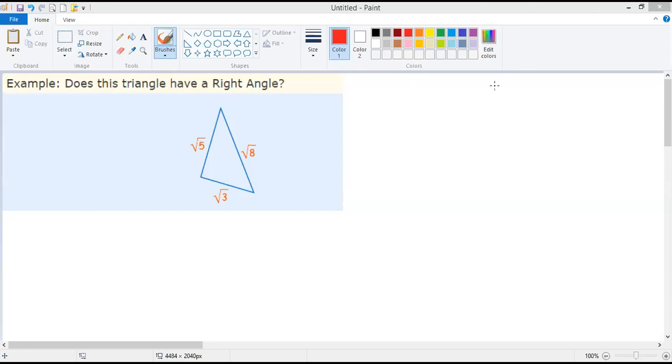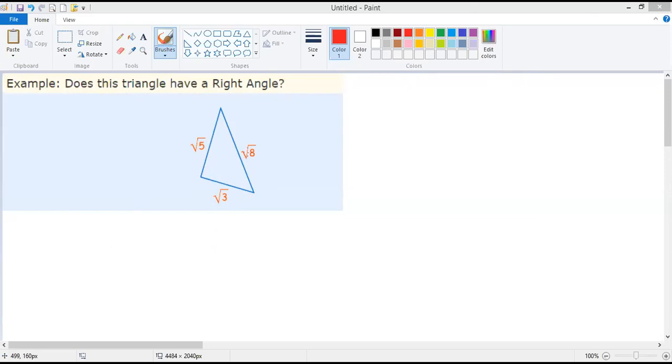Yes, the answer is yes. But I didn't ask you yes or no. I asked you which one is the longest side. Which one should you put as c square? Because you're not sure whether this one is a right angle triangle. They didn't draw it for you. So you have to test whether, as they ask, this triangle has a right angle. So you have to show me how.